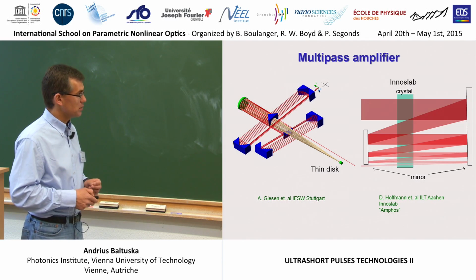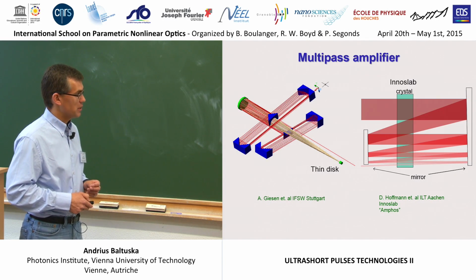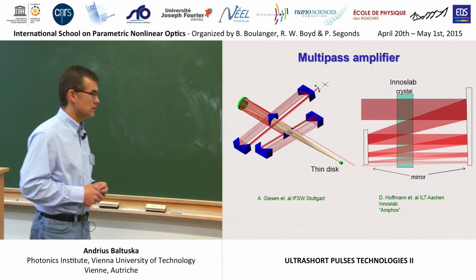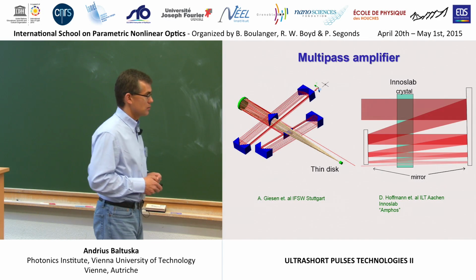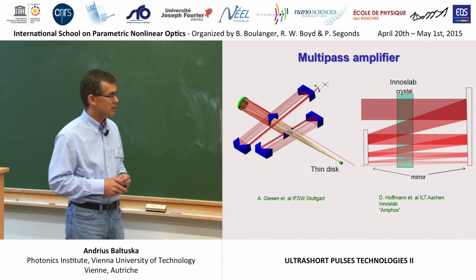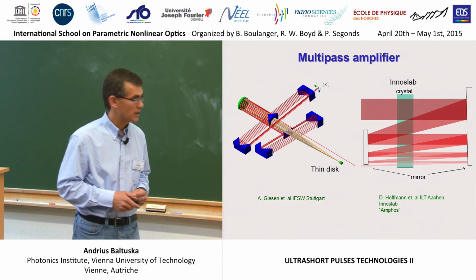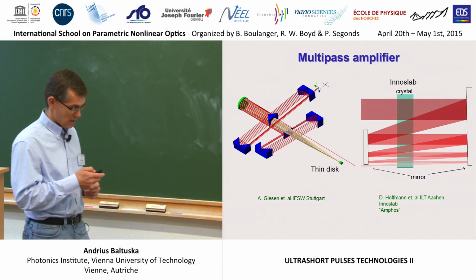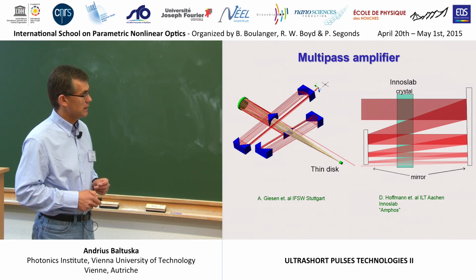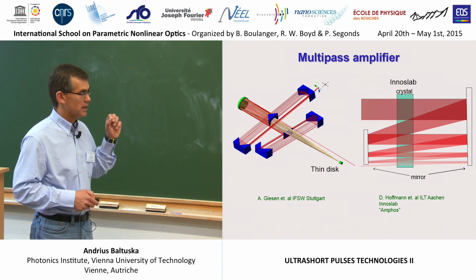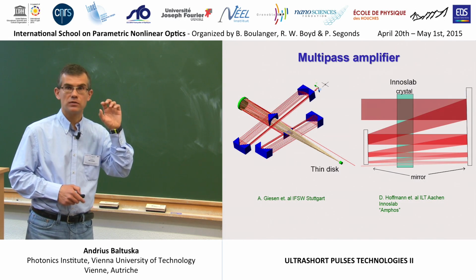That's another proposal which was pioneered by the Institute of Laser Technology in Aachen. It's called the InnoSlab concept, and now there's a big company, Amphos, selling many such systems. The beauty of their approach is that they're fulfilling the requirement of coming in with the beam which is close to the saturation fluence.